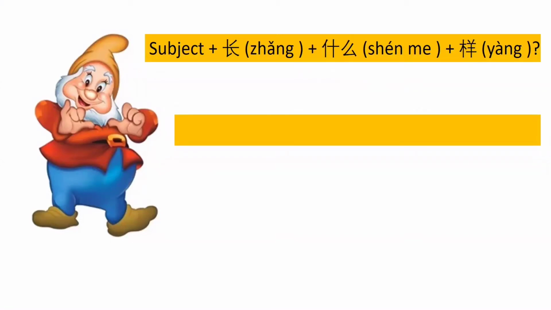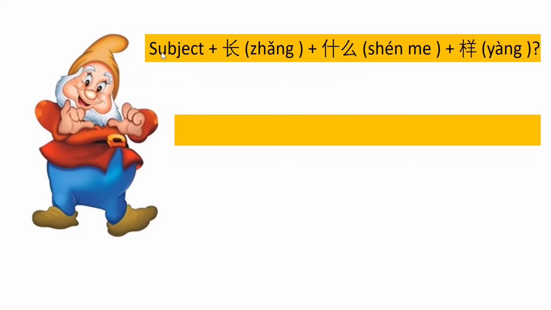In the second part of this video, we're going to use the Chinese sentence patterns to create sentences to describe the appearance of different objects. So first we need to look at the question here. This sentence pattern as a question is subject plus 长 plus 什么 plus 样.